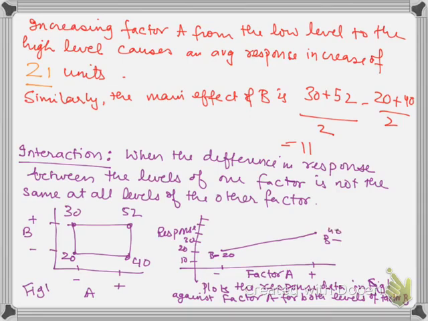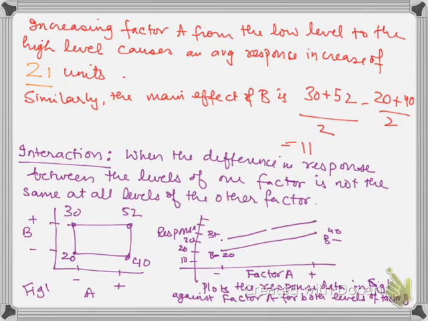Now when factor A is minus, that is low, and then I have B plus is 30. So it's here. That's my B plus, and when factor A is high, it's 52. So 30, 40, 50.